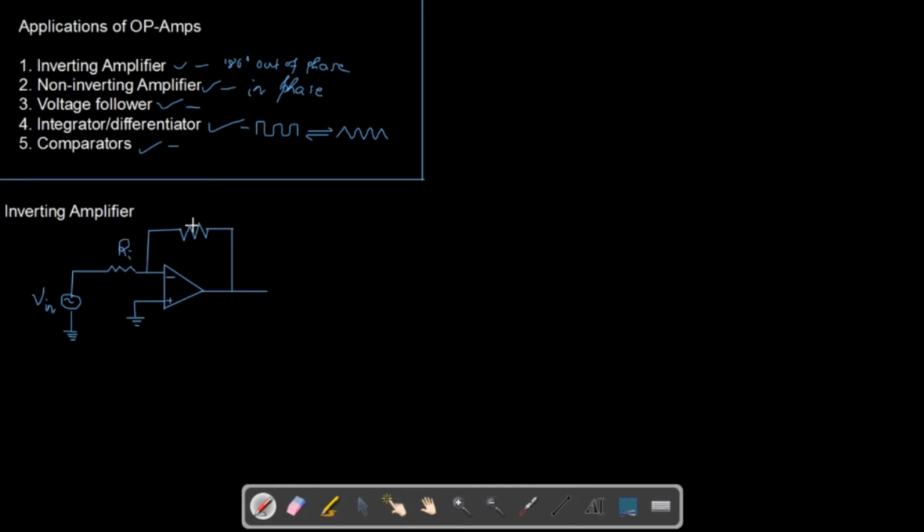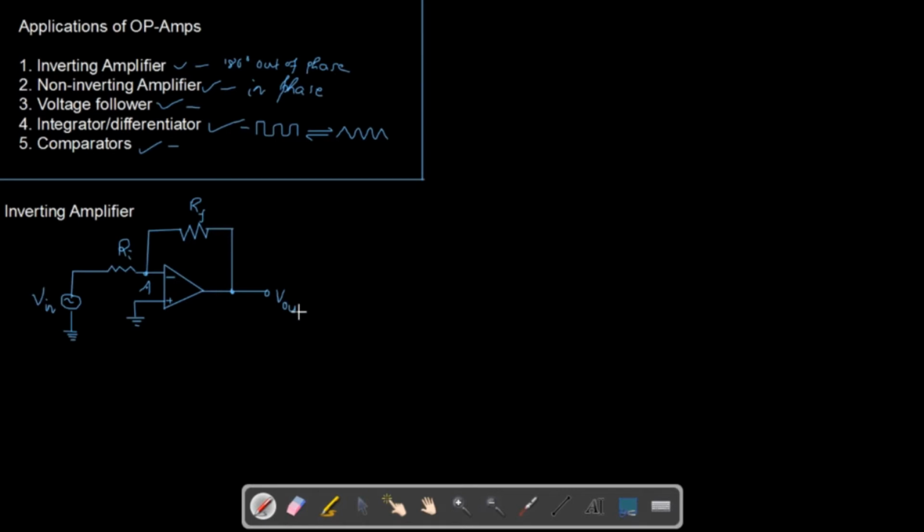This is your input resistor, and this is your feedback resistor. We have the connection here, so I'll mark this point as point A. Then we have the output across this end.